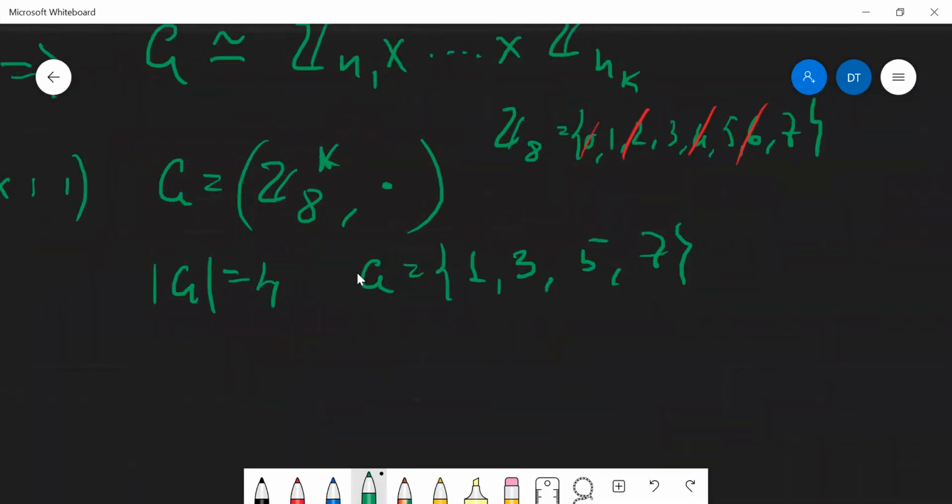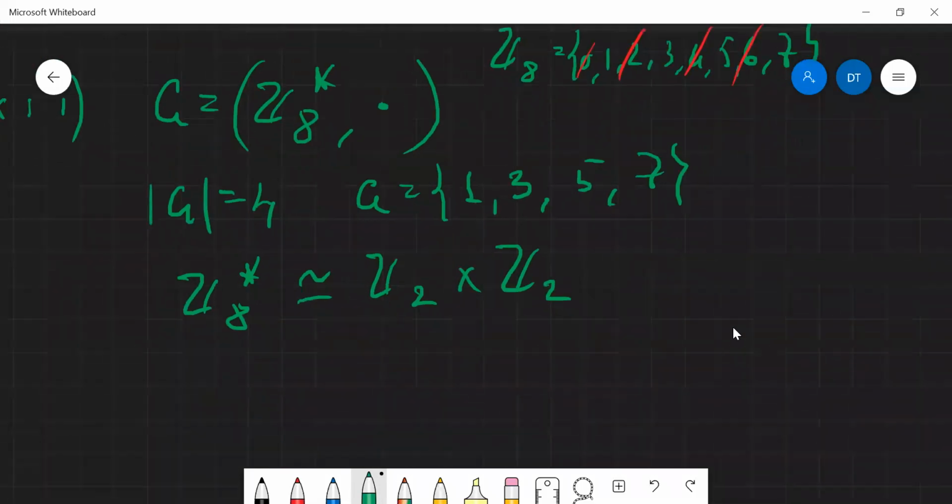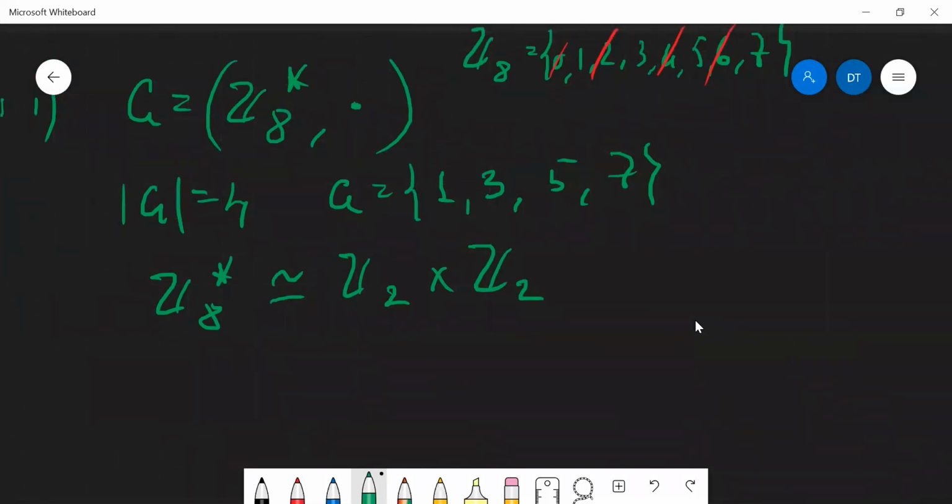Well, the claim is that Z8 star is isomorphic to Z2 times Z2. And let me show you the bijection here. So we have 4 elements here: 1, 3, 5, and 7.